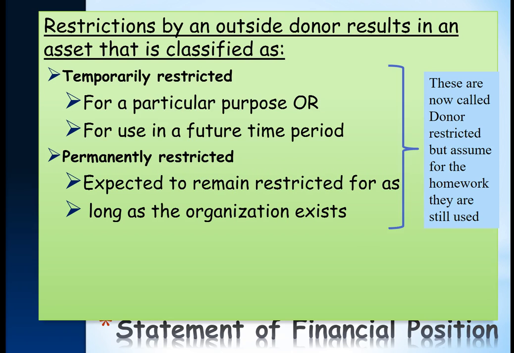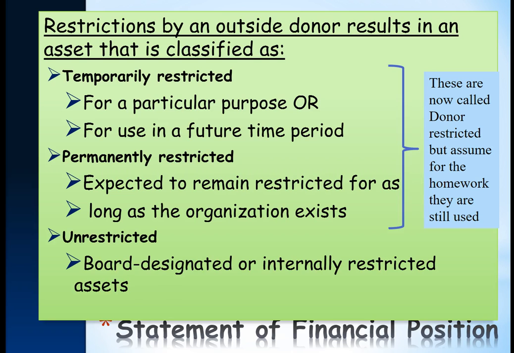Permanently restricted is expected to remain restricted for as long as the organization exists. In this case, an example might be if they donate a painting, or another example would be if they donate money and tell them they can only spend the interest. And unrestricted allows the board to use it for whatever they want.